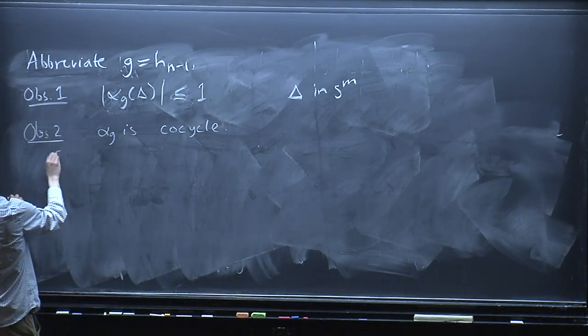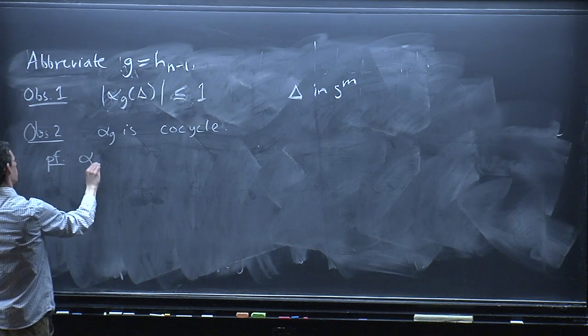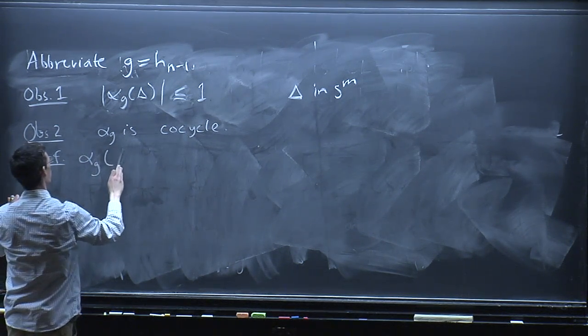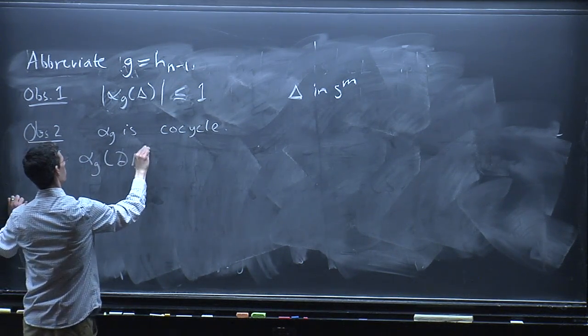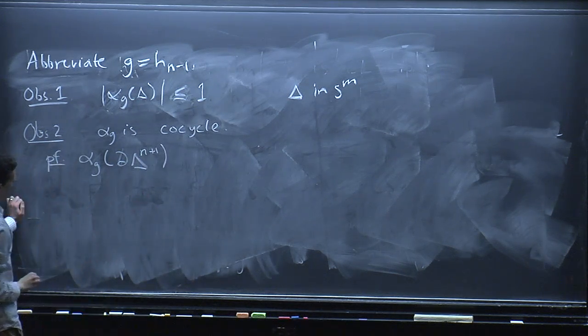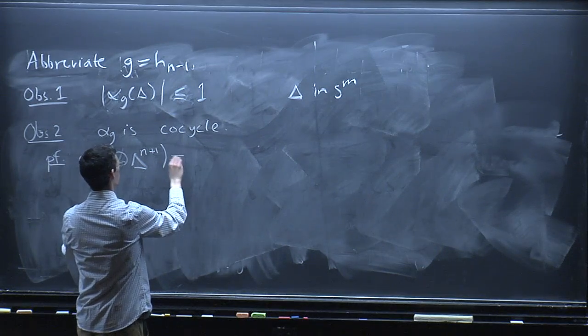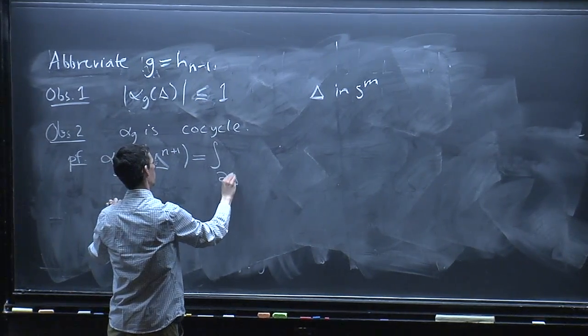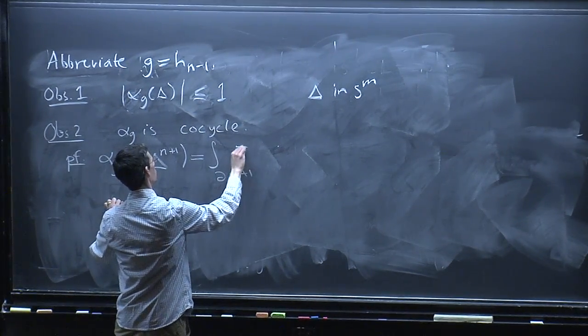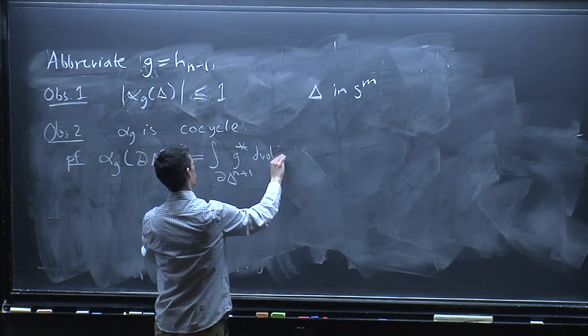So proof, what I have to check is that if I take alpha G and evaluate it on the boundary of a simplex of 1 dimension higher, I have to check that that's 0. That's the integral over the boundary of this simplex of G pullback of d volume of Sn.